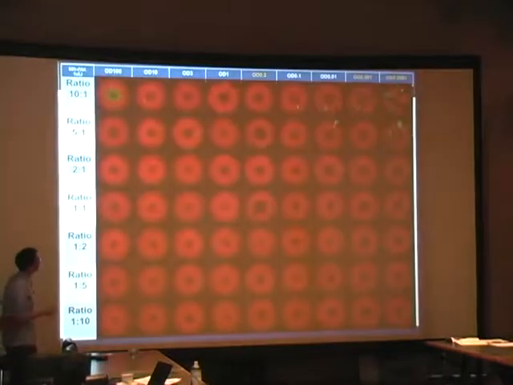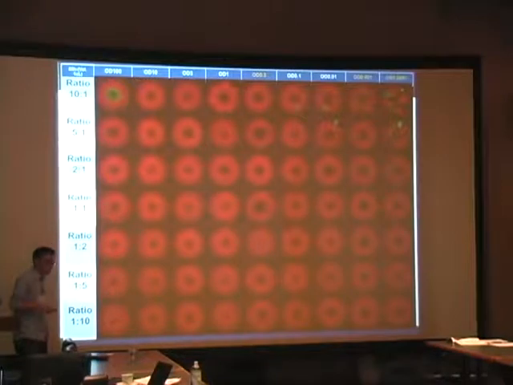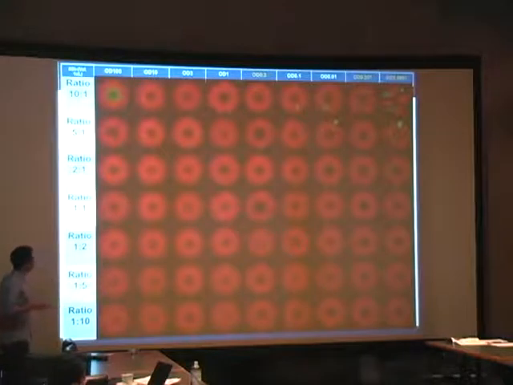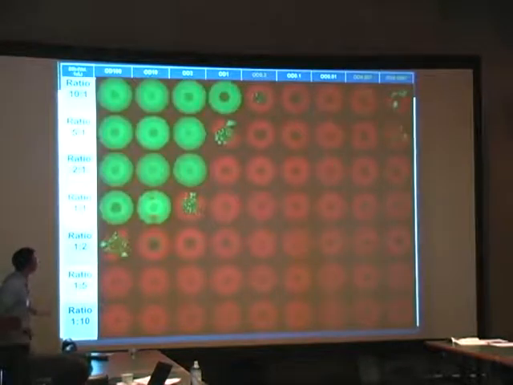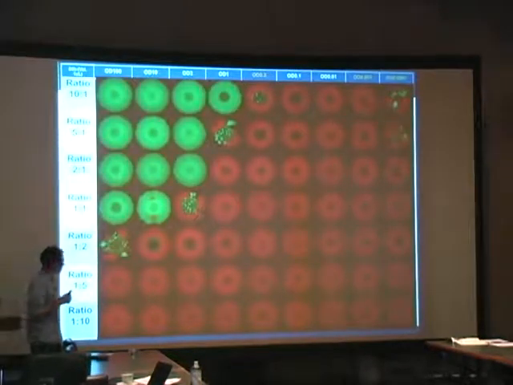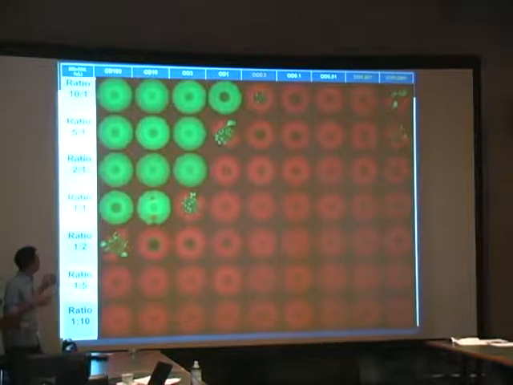And then we try the case with long-range inhibition, and it looks like no matter what the initial condition or the ratio is, the red cell always dominates the space. And then we find the case that gets interesting, where the two species, the green cell kills the red through a contact-dependent manner, and red kills green through a diffusible manner.